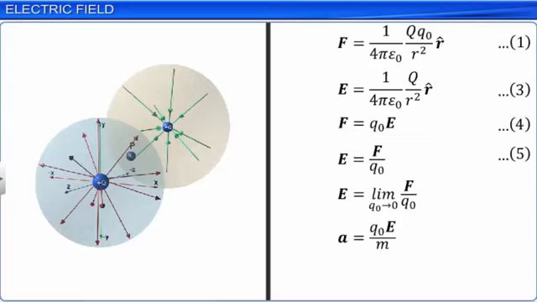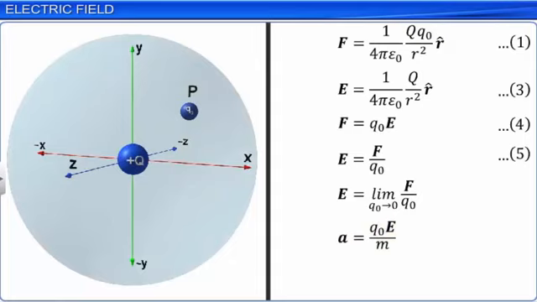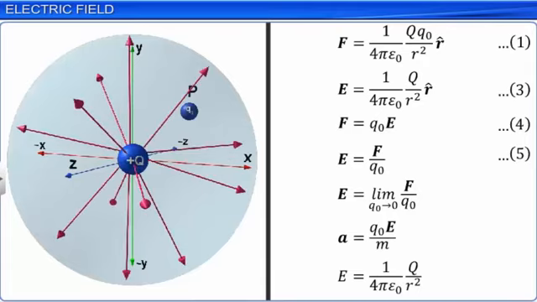The magnitude of acceleration of Q0 is the same regardless of whether the electric field is due to source charge plus Q or minus Q. For a charge Q, at all points on an imaginary sphere of radius r around it, the electric field strength will be equal in magnitude and will be equal to 1 by 4 pi epsilon naught Q by R square. There is a spherical symmetry with respect to the magnitude of the electric field strength E in the electric field of charge Q.